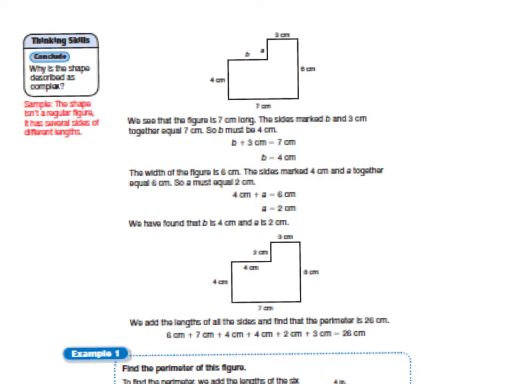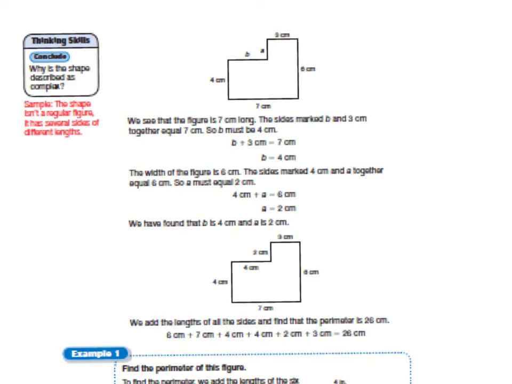Now we see that in this figure, it's 7 centimeters long, and I'll show you that. That's down here, 7 centimeters long. And the sides are marked B and 3 centimeters together making the 7. So let's look at that. My screen's a little bit fuzzy, but there's a B here and the 3 centimeters up there. I hope it's clearer for you. The sides marked B and 3 are equal to 7 because they're opposite sides.